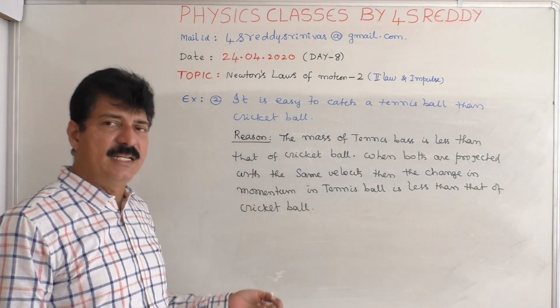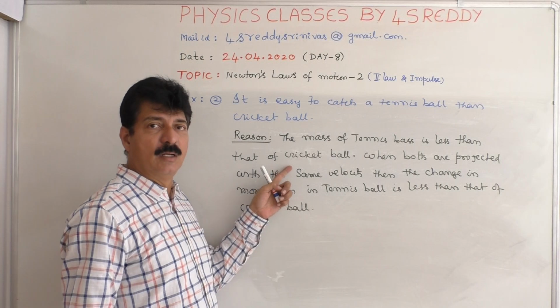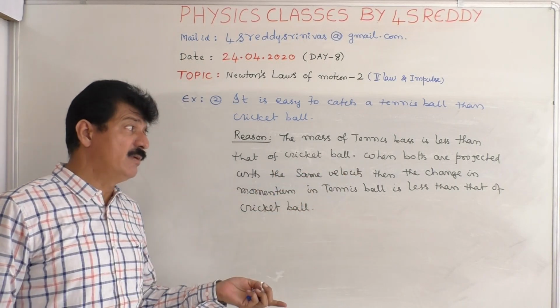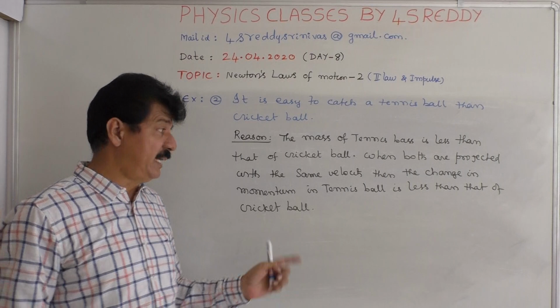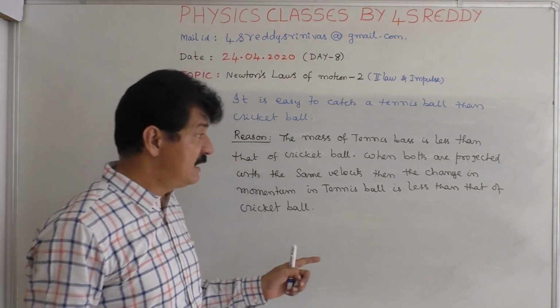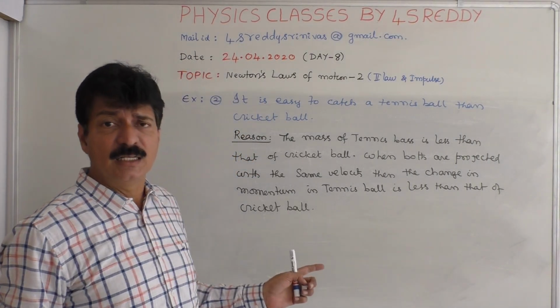So, the mass of the tennis ball is less than that of the cricket ball. When both are projected with the same velocity, the change in momentum in the tennis ball is less than that of the cricket ball.